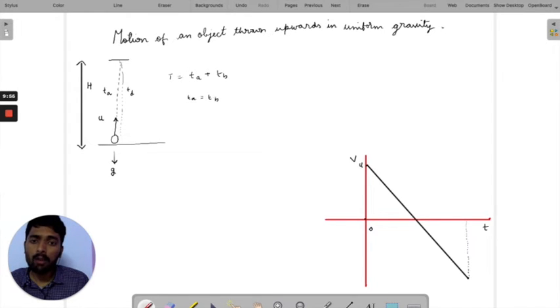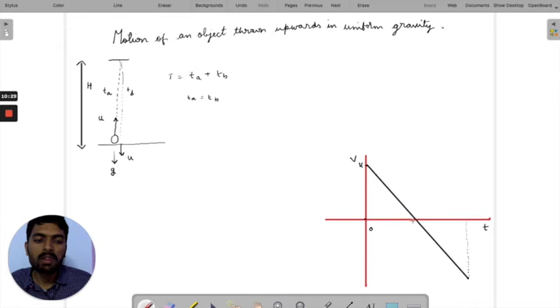Not only that, we also know that the object, when it comes back to this point, its velocity would be the same u in the downward direction, right? Now let's have a simple proof of these two facts using the graphical method. Let's consider this is the v versus t graph of this object. Initial velocity at t equals 0 is its speed u, and it would go for a certain time here, and then its velocity would become 0, which is at the topmost point.